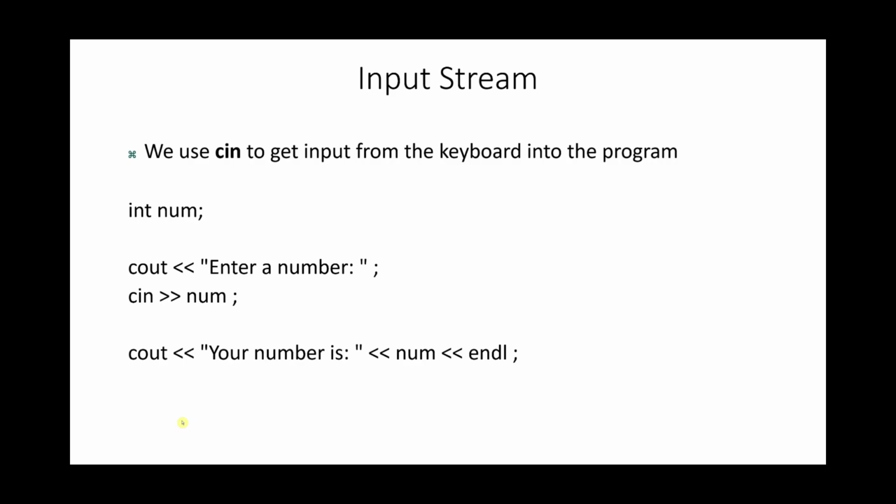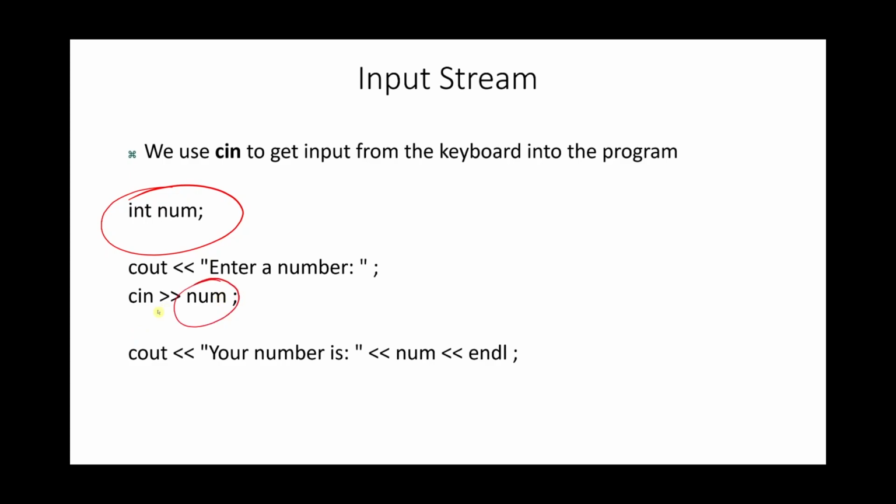So, for example, the cin is taking something I write on the keyboard and inserting that into a variable. So I define a variable in here. I call it num. It's of type int, and cin is going to take anything I write on the keyboard and store it in num.